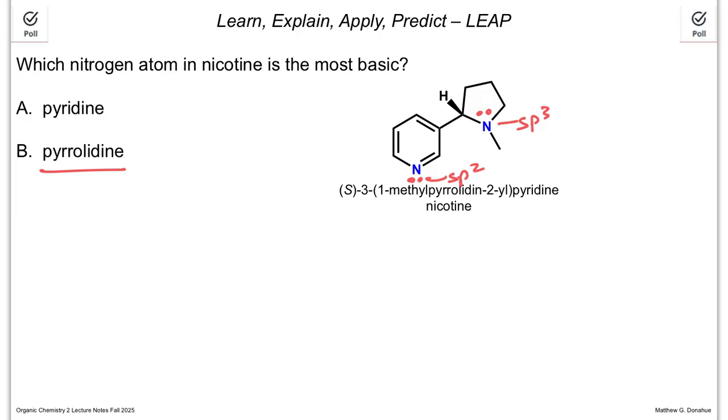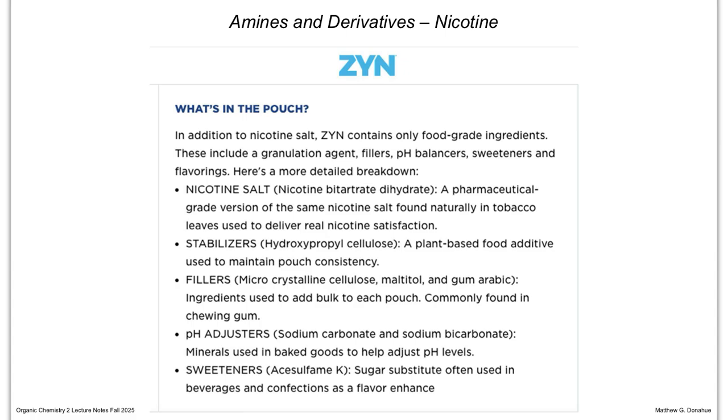The structure is okay. So I was teaching this class, I think, in this room 3 years ago in the fall. And so we were talking about these compounds, and a student mentioned Zyn, which is basically a nicotine pouch.